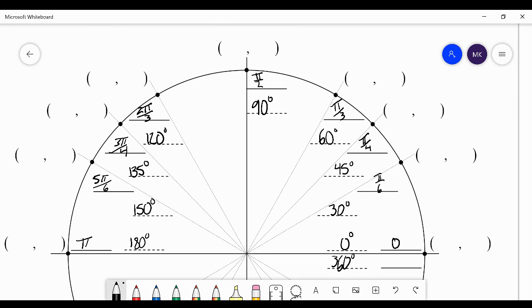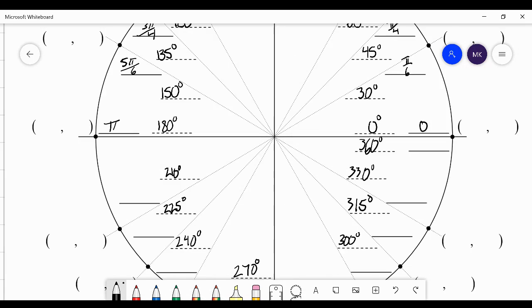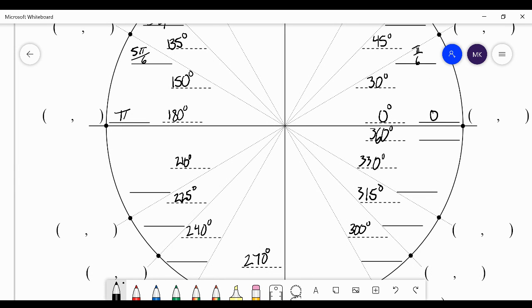So we went 6, 4, 3, 2. And so this one here is going to be over 6. Matter of fact, it's 5 pi over 6. Add another 6, we get 6 pi over 6, which is pi. Then 7 pi over 6.